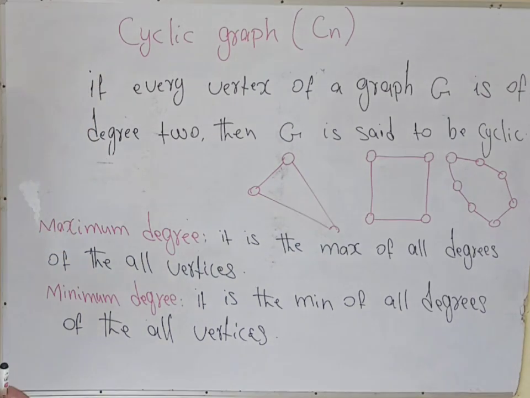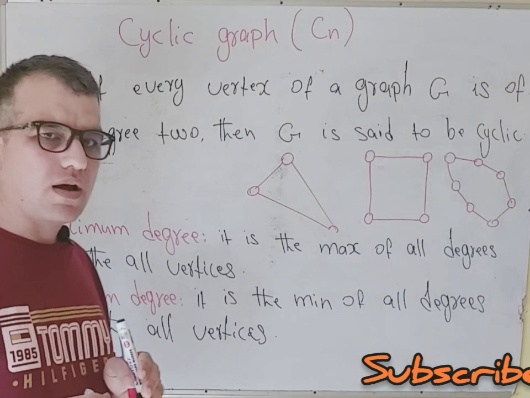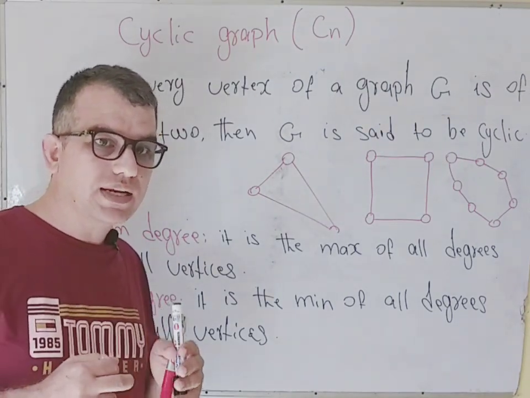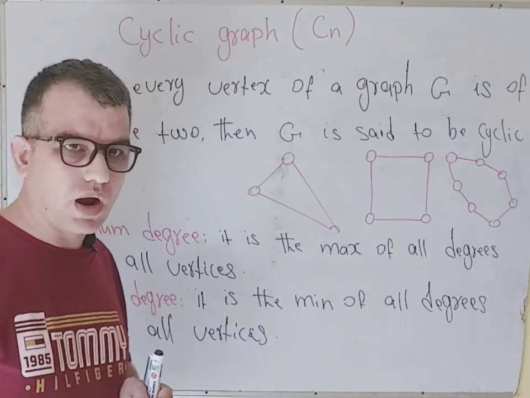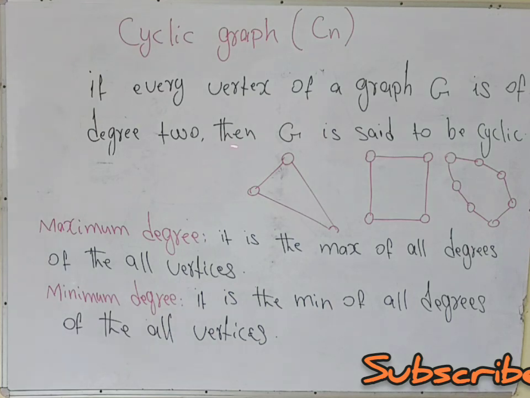So from here we can say it is a regular graph of degree 2, a 2-regular graph, and it is a cyclic graph according to the definition of a regular graph.